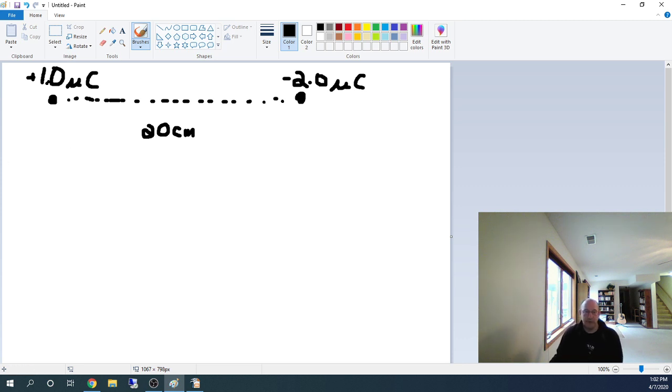The first question was, what's the electric field at a point midway between these two? So if I have this spot right here, what's the electric field there? And then the second part of the question is, what's the voltage at that particular spot?